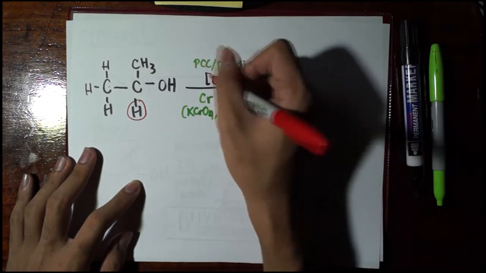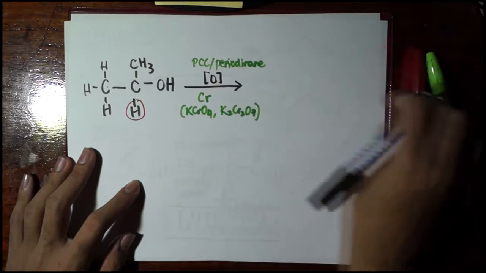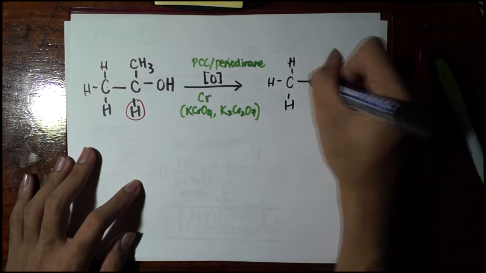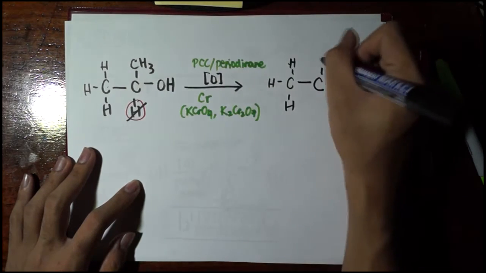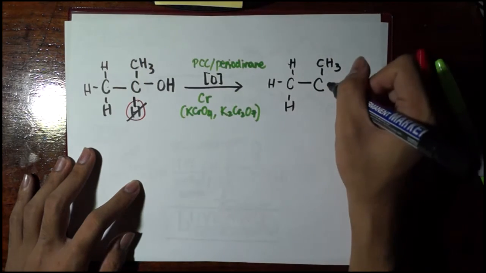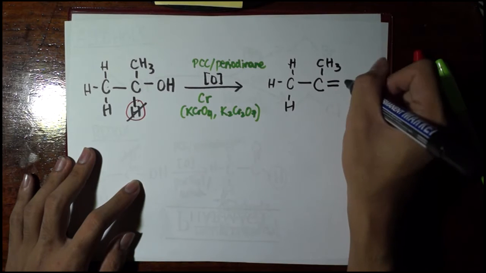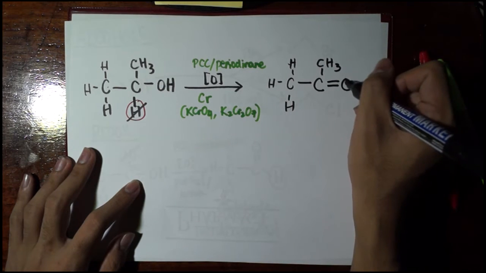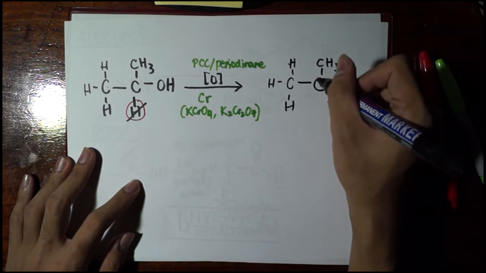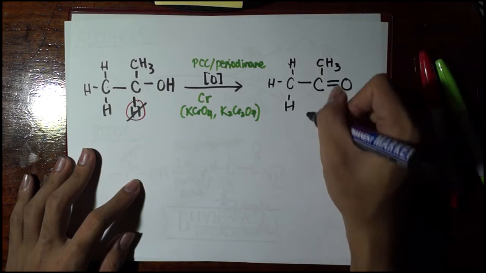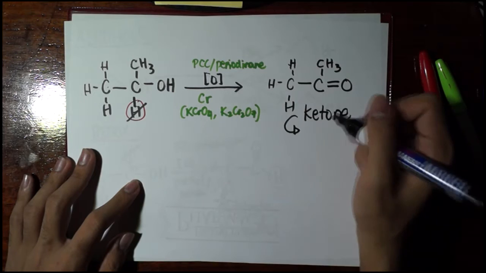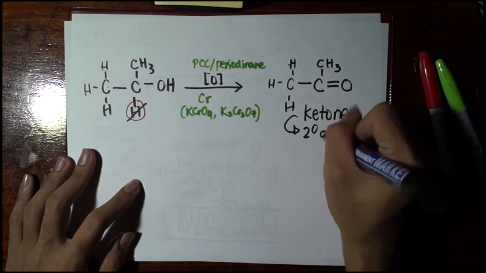That is the reason why if you oxidize a secondary alcohol, nothing happens to this carbon and these hydrogens. The hydrogen will be sacrificed, and this bond will be given to the oxygen. So just like in the aldehyde, we will now form two bonds for the oxygen here. And what do we have here? R, carbonyl, R. This is actually a ketone. So the ketone is the product of oxidation of a secondary alcohol.